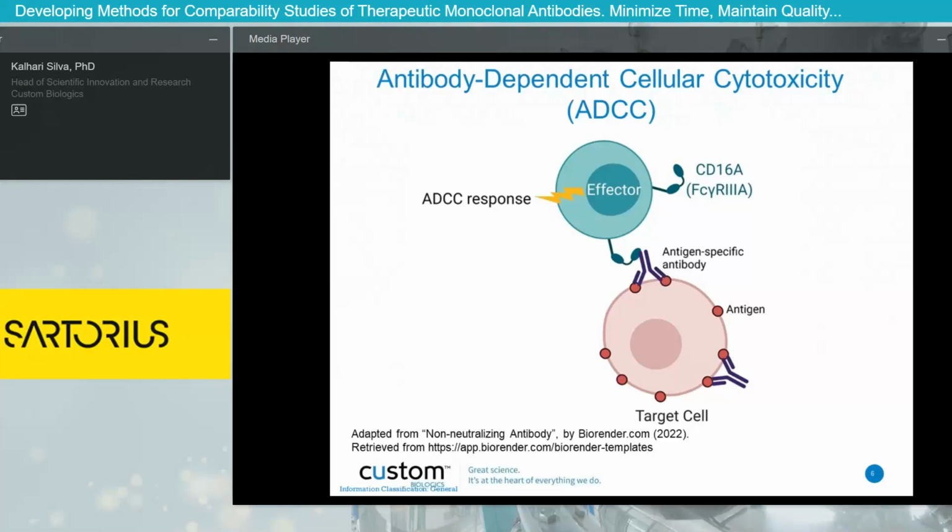Once the antibody binds to the target antigens on the cell surface, the Fc portion of this antibody then binds to the Fc receptors present on the cell surface of effector cells. There can be multiple cross-linking happening between the two cell types, leading to activation of the ADCC mechanism of action. ADCC induction is then considered an important critical quality attribute and must be evaluated to ensure biotherapeutic efficacy.